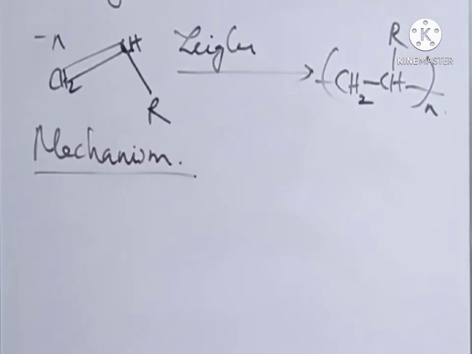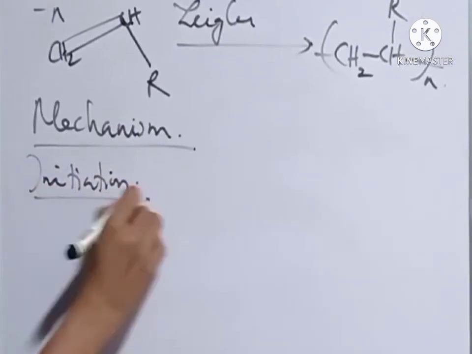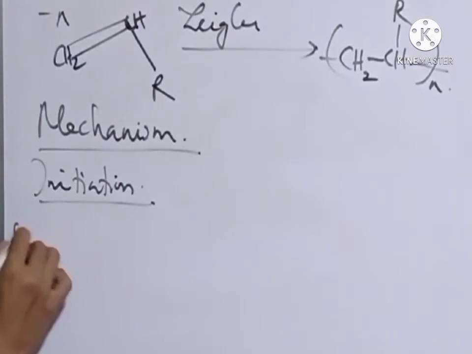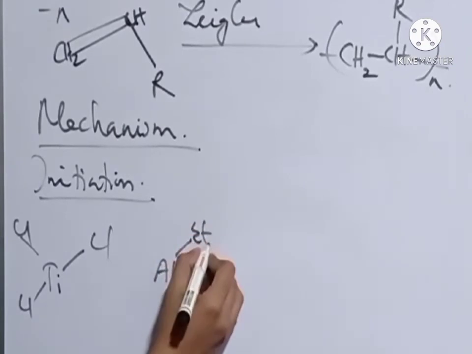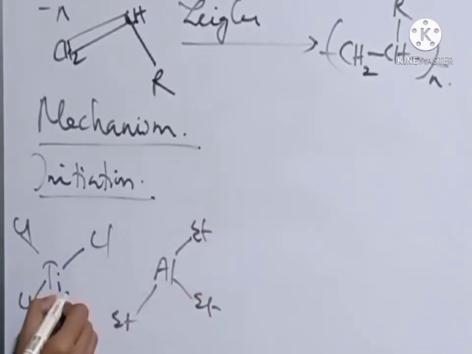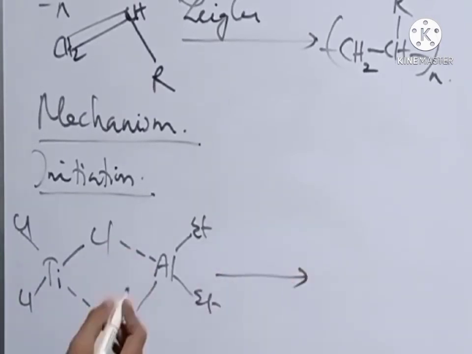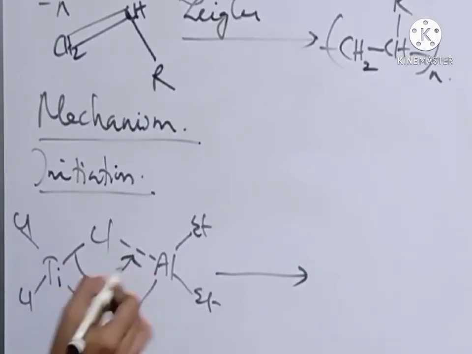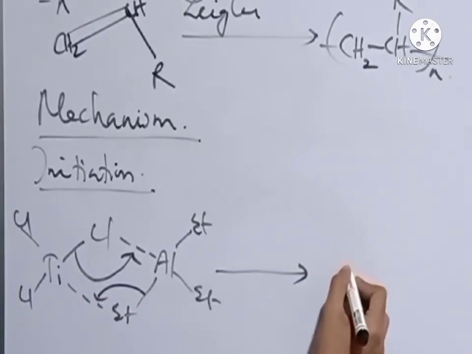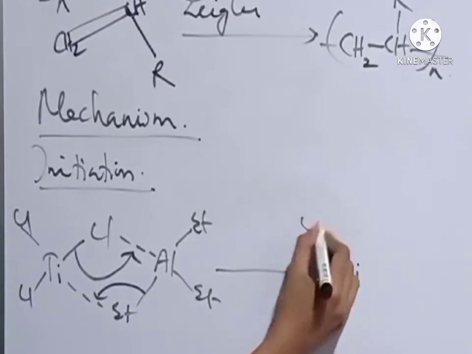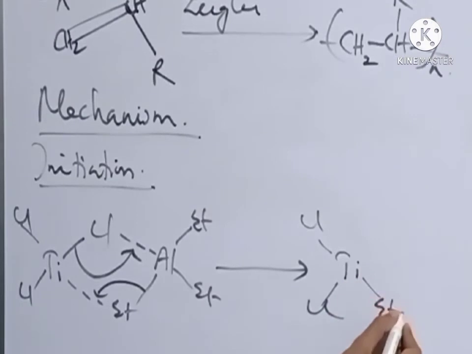Then moving on to the mechanism of Ziegler-Natta polymerization. First step is the initiation step. So in the initiation step, our catalyst, Cl, and the Cl, aluminium, Et, ethyl group, converts to a species like this, that is this bond shifts here, and this will shift towards here, and we'll get a species like this: titanium, Cl, Cl, and Et.